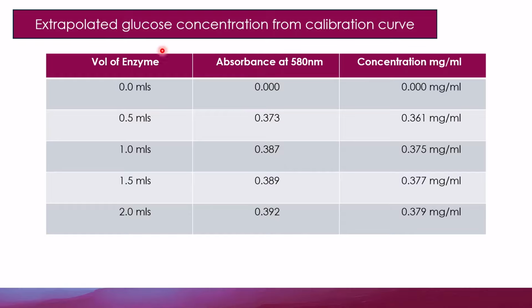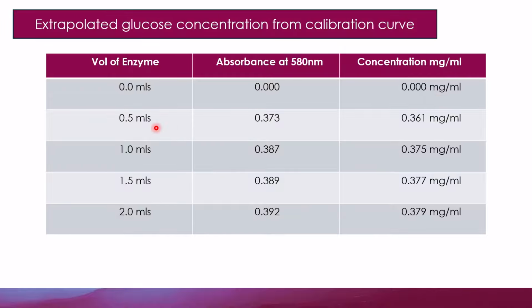So this is the table for the extrapolated glucose concentration from the calibration curve. As you can see over here, this is the volume of enzyme, the absorbance at 580 nanometers, and these are the extrapolated concentrations from the calibration curve. At 0.0 mils enzyme, we have 0.0 milligrams per mil of the extrapolated glucose concentration.